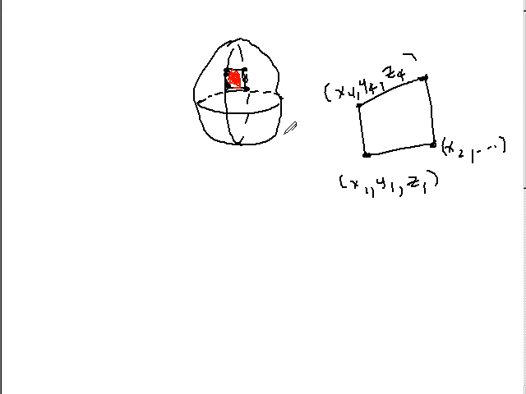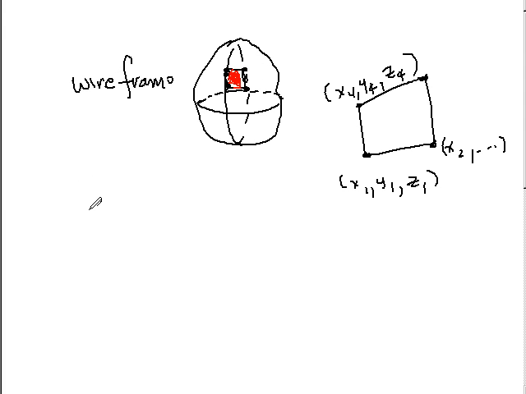Now, what do you want to do if you want to look at this thing in a rotated system? And this really is there's no surface on here. This is just a wireframe. It's just a collection of connected points.